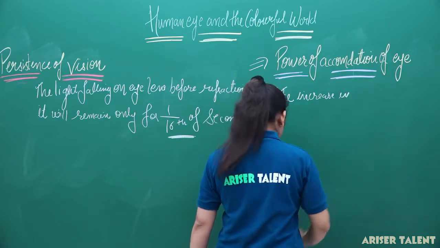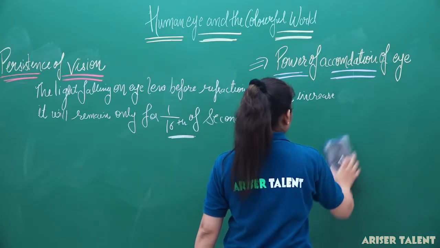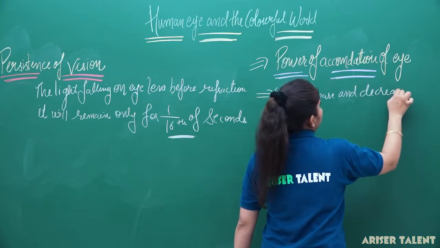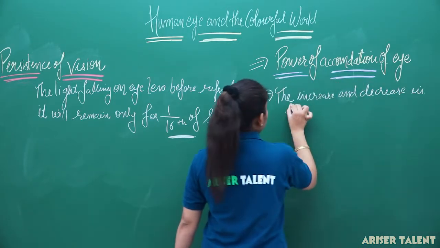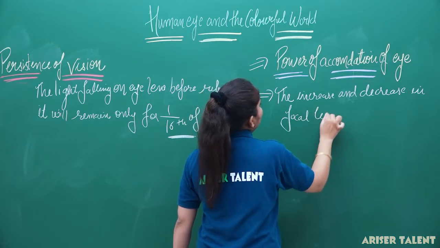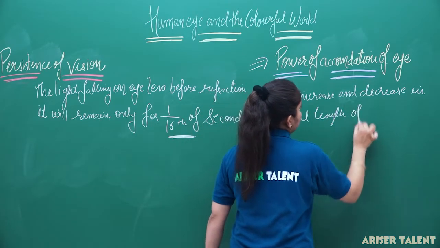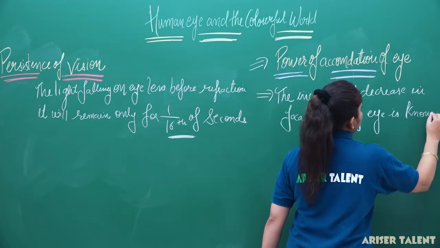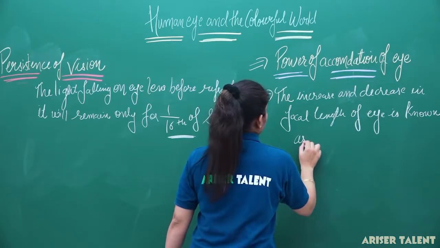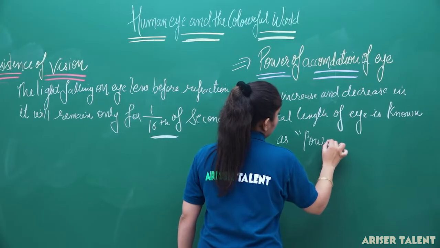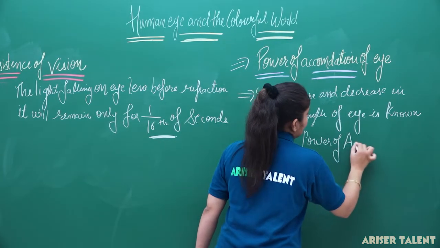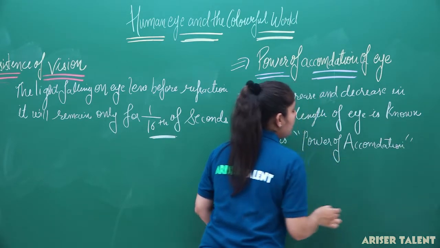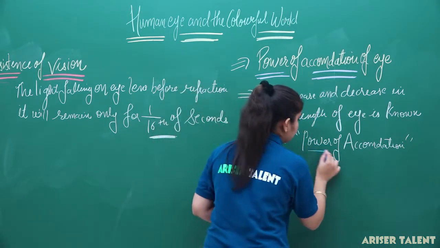The increase or decrease in the focal length of the eye is known as the power of accommodation. So that will be known as the power of accommodation of the human eye.